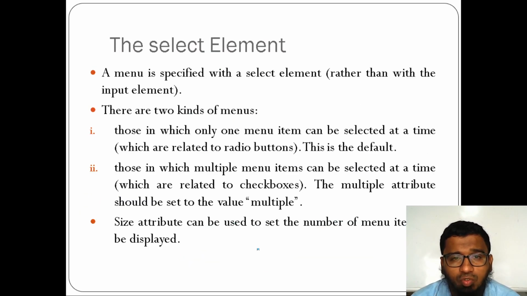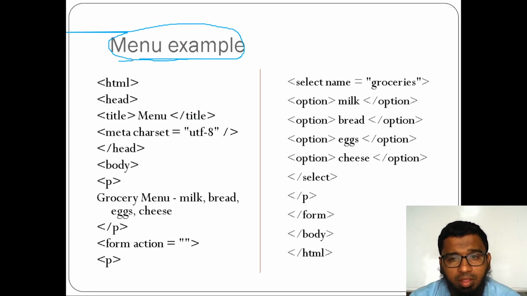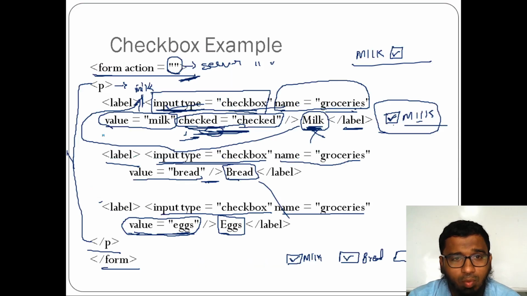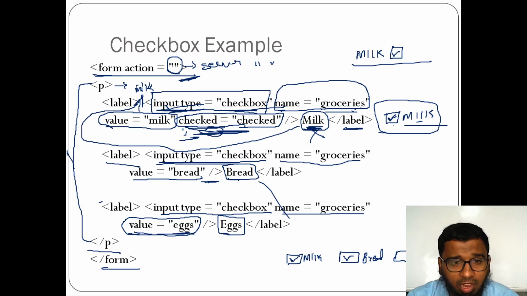In the next class we will see the select option and the menu, how to create the menu. Then we will do the practical. So what we have done today: we saw the checkbox and the input tag. A checkbox is represented as a small square, and if you want it initially checked, you need to write checked like this.